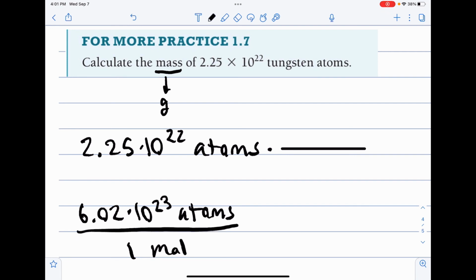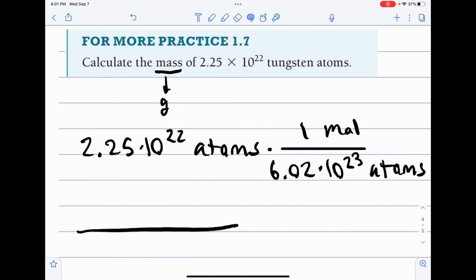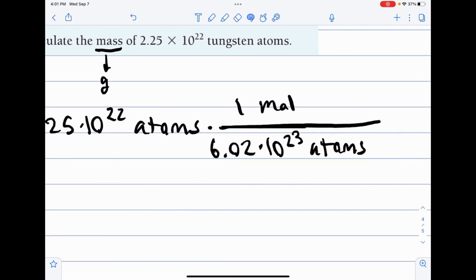I do not, because then the mole will end up in the wrong place and the atoms will not cancel out. So I actually want to do it like this, and like that, and extend this fraction line. But now we have moles because atoms cancel out with atoms.